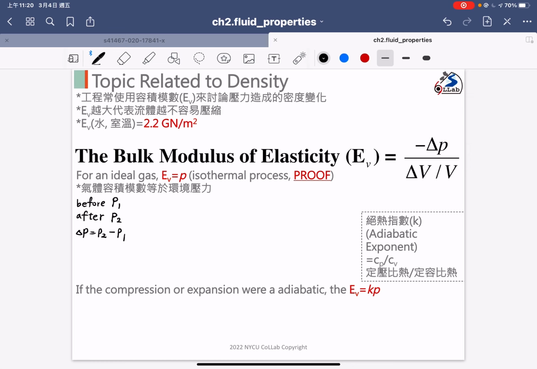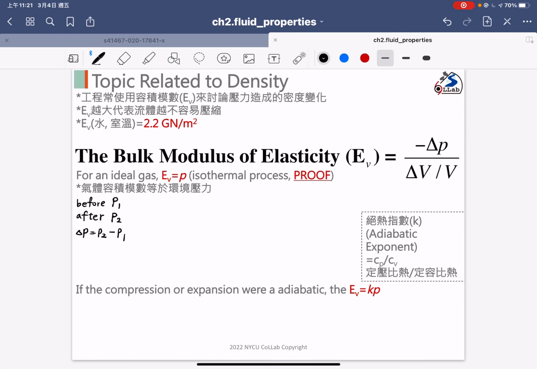So what are the after and the before? We call this the process related to the compression process. So P2 is always larger than P1 because we do the compression first. So under this condition, the delta P is always positive because P2 is larger than P1. We do the compression experiment. And what is the delta V?